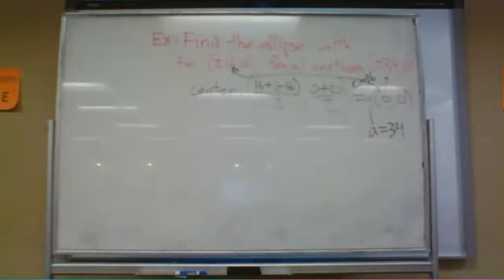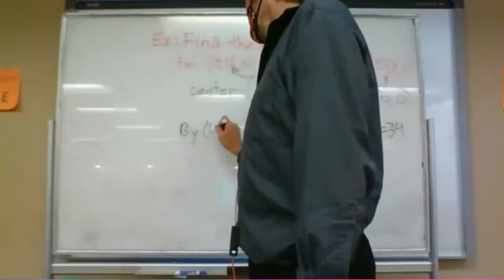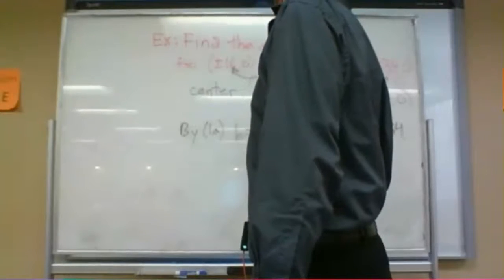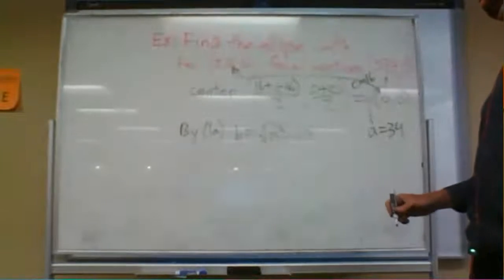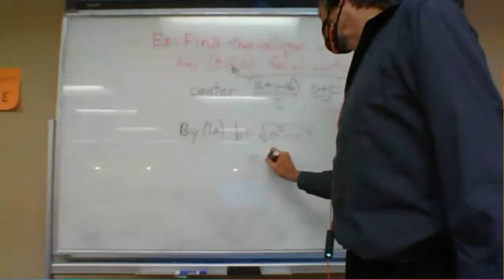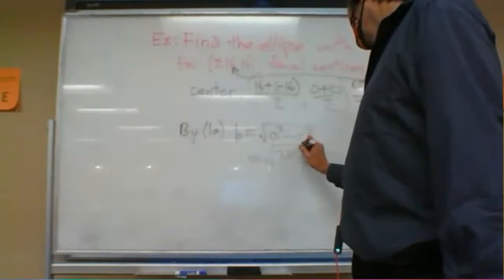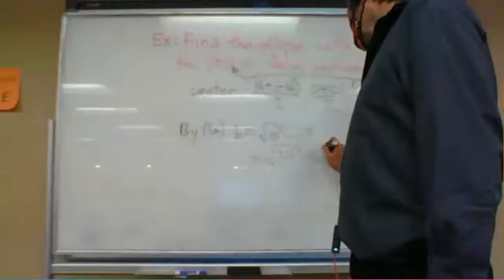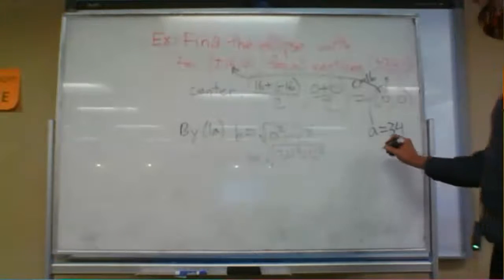From A and C, I can find B. By equation 1a, B is equal to the square root of A squared minus C squared, since A squared equals B squared plus C squared. Solve for B, just like the Pythagorean theorem. So it's the square root of 34 squared minus 16 squared. I've forgotten 34 squared here.